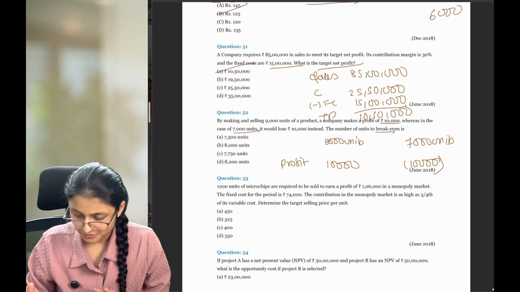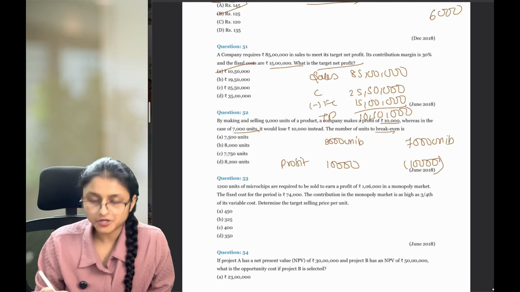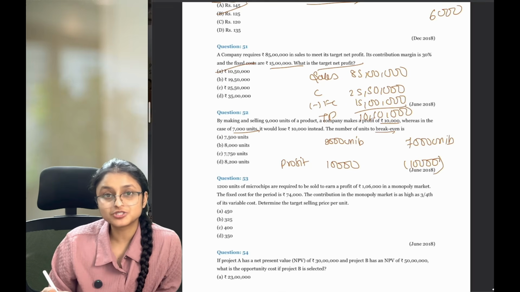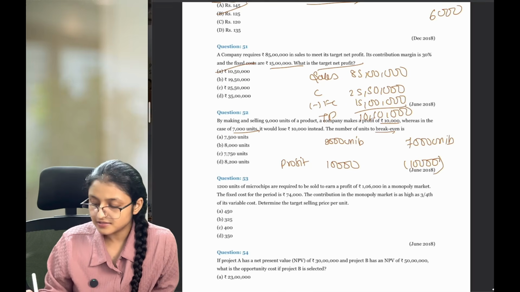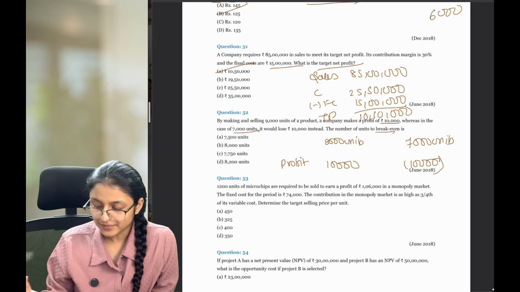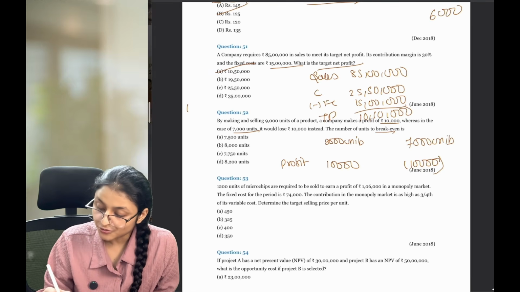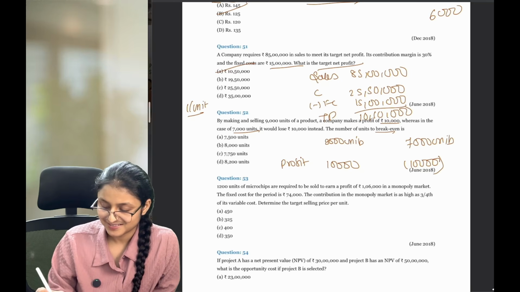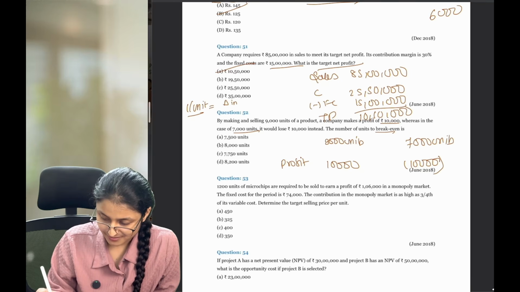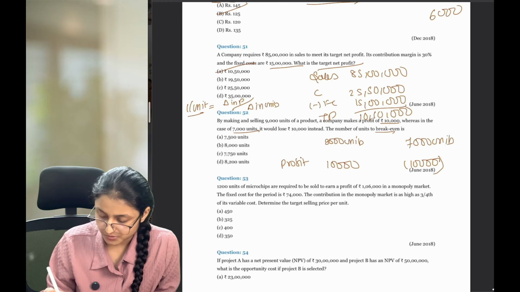Now, do you remember that there is a formula for PV ratio, that is change in profit upon change in sales? But here sales is not given to you. So I'm going to take the change in profit upon change in units directly to calculate my contribution per unit.